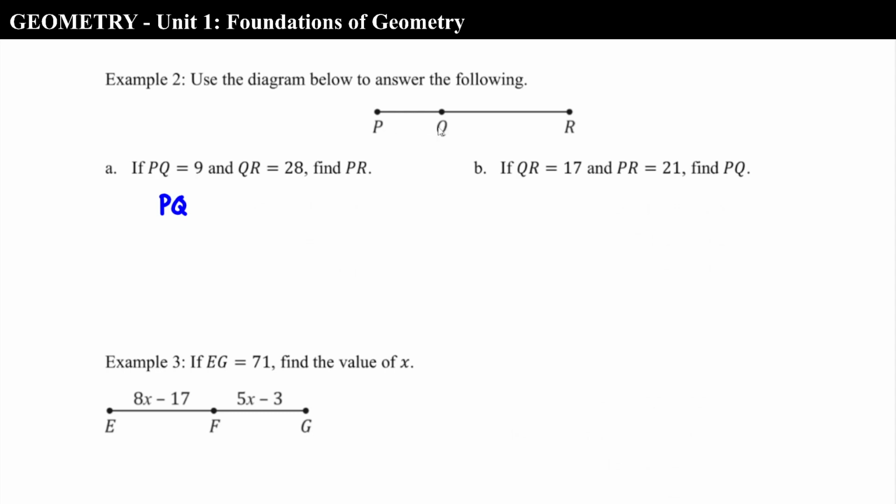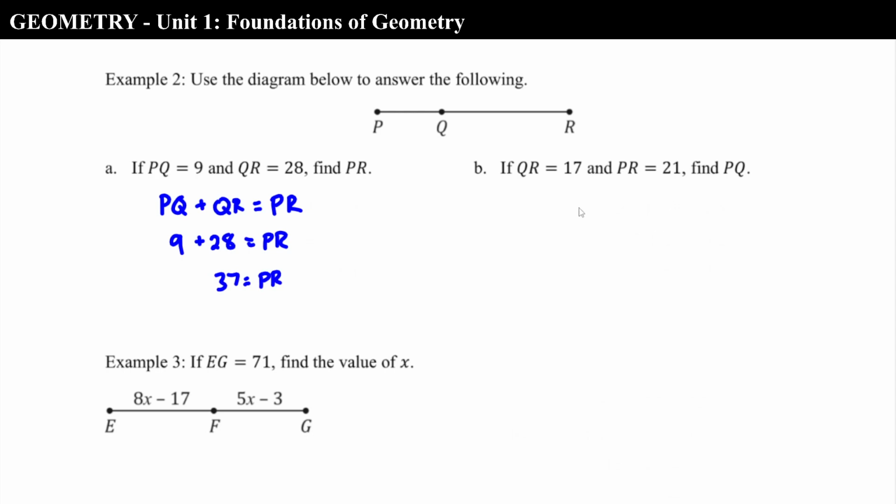We know since Q is between P and R, PQ, which is this segment, plus QR, which is this segment, equals PR, which is the length of the whole thing. Well, PQ is 9, QR is 28. So we know that 9 plus 28 is 37, and in this case, that is the length of the entire thing. That's the length of PR.